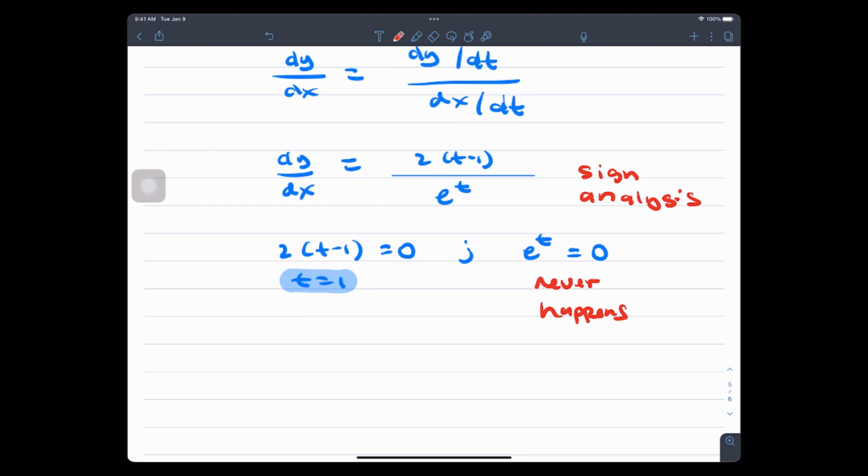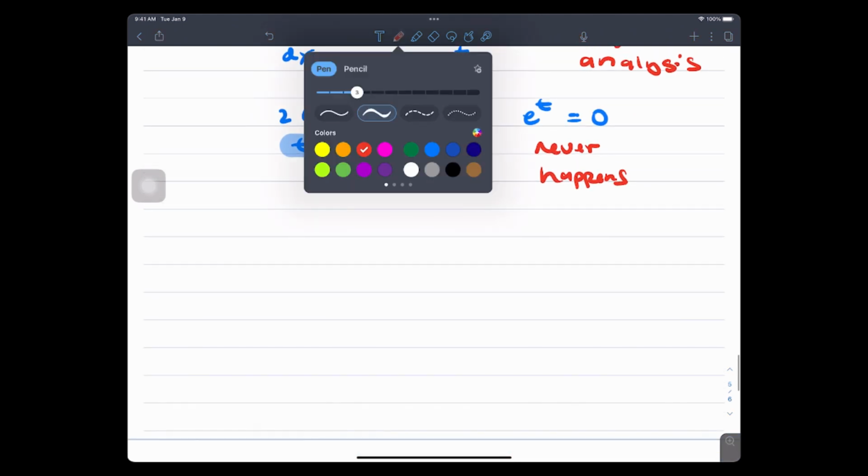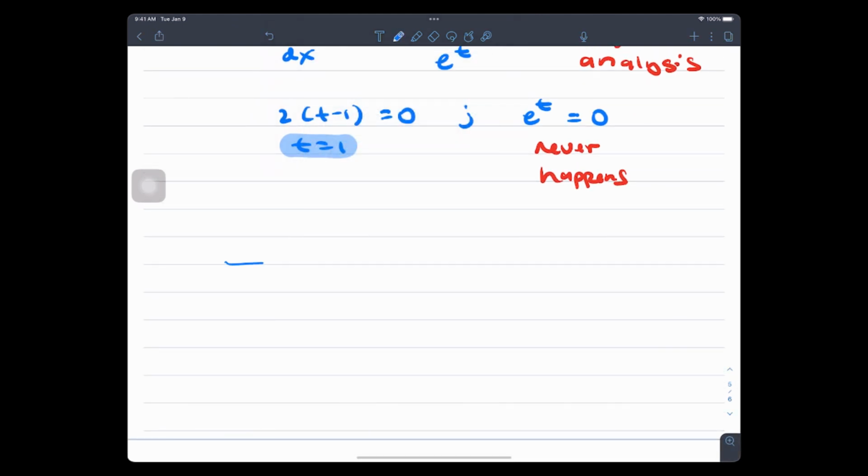So then you might say, well, what does this analysis tell me? What this analysis says to me is that we only have to check 2 regions. This is in terms of t now. These are t values. When t is 1, that derivative, call it y prime, equals what?